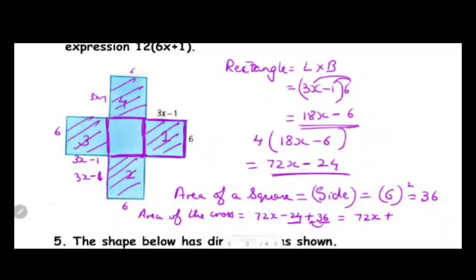So 36 minus 24 makes it 12. That's the answer once you factorize it. 12 outside, 12 6s are 72, plus 1, and that's the answer. Is this the same as what's given in the question? Yes, it is.